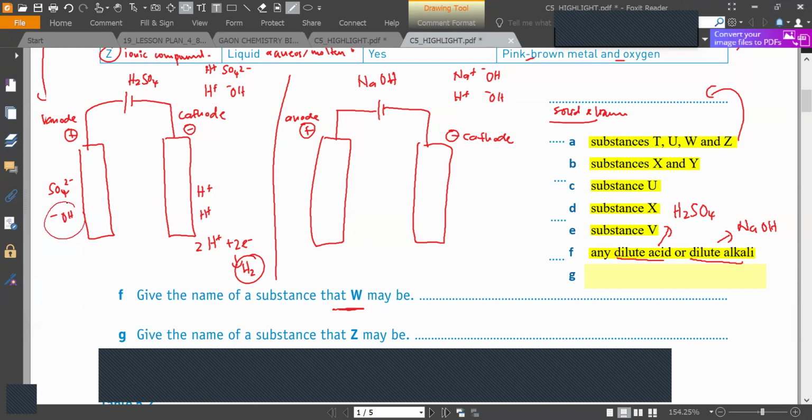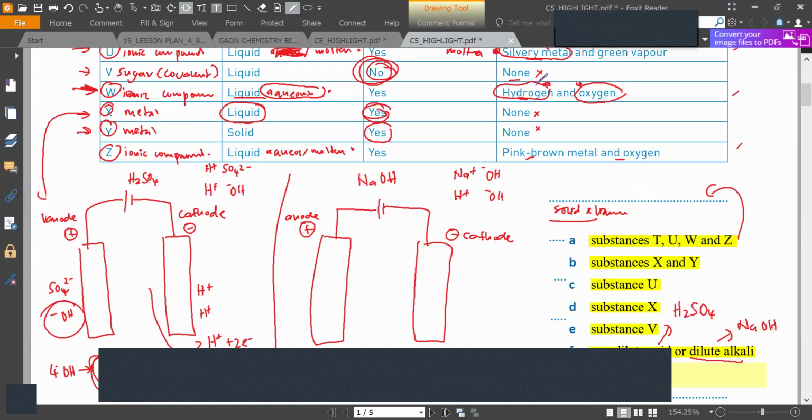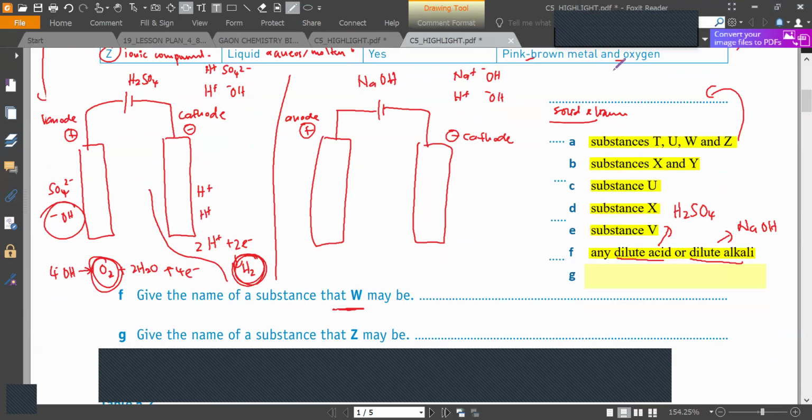As usual, hydroxide will react because sulfate is too stable. As mentioned before, hydroxide turns to oxygen gas, water, plus 4 electrons. So the product will be hydrogen and oxygen.